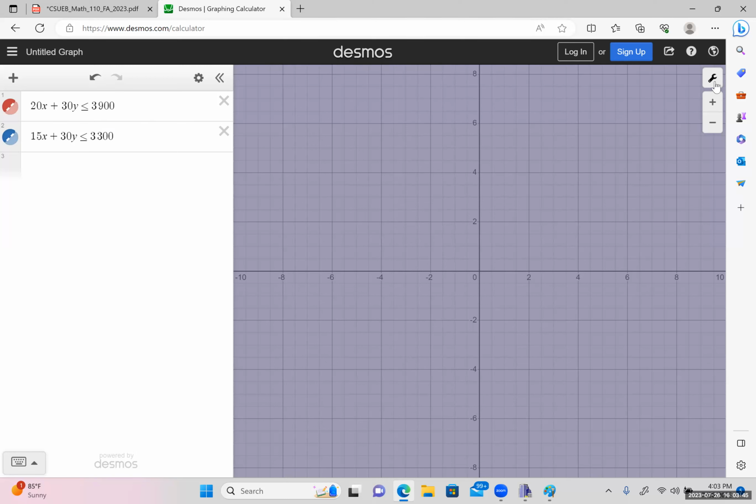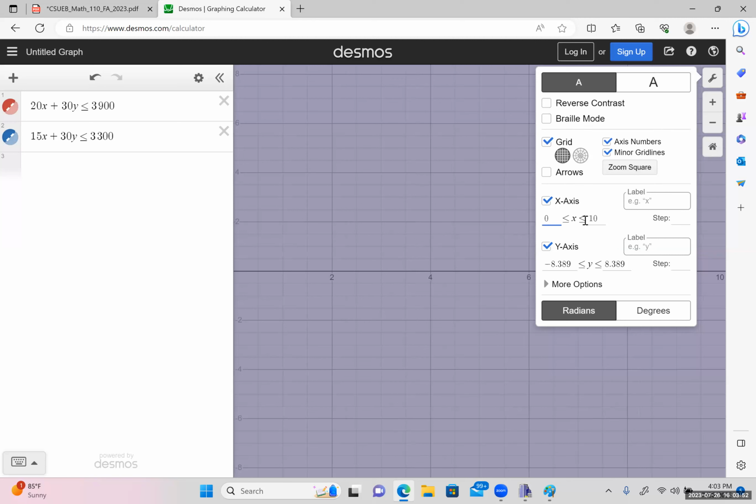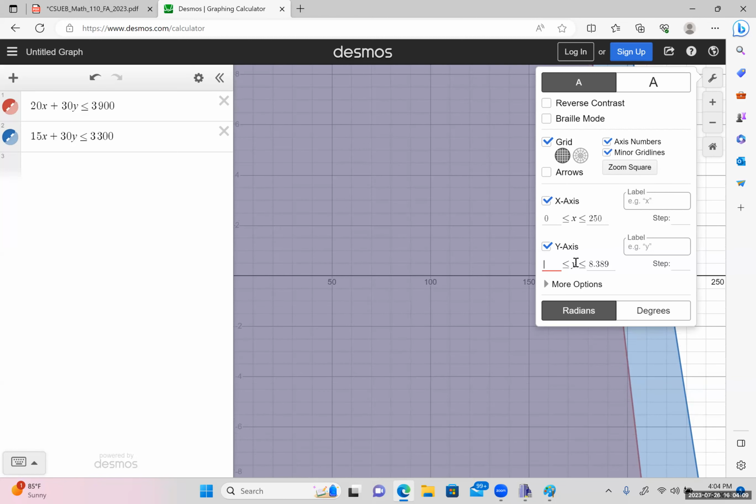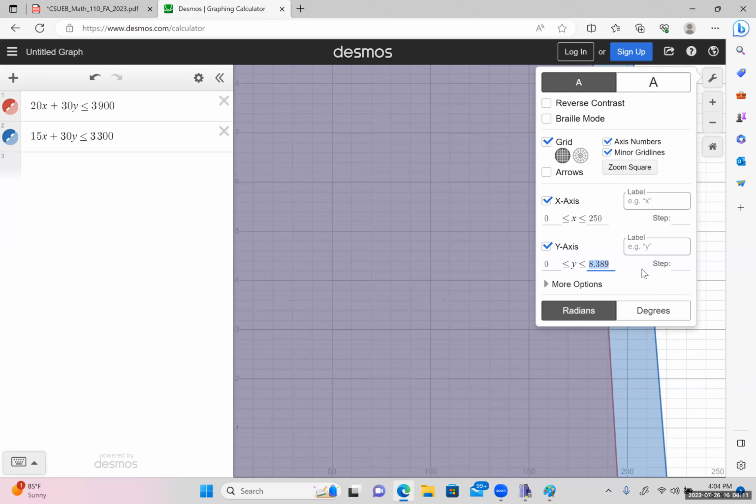Maybe we need to adjust: x will be from 0 and I will go up to 250, maybe more. That should be okay. And y values will be from 0 and up to say 160.